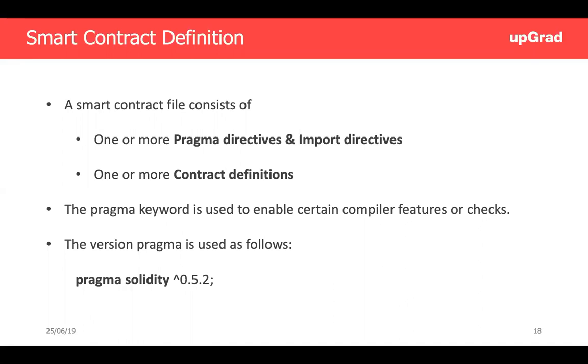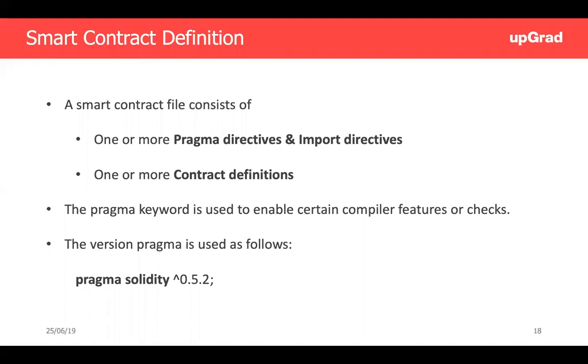Every single file is a smart contract on its own. It's a Solidity file, and it ends with a .sol extension. The file itself will have one or more pragma directives or import directives. What are pragma directives? We will talk about that.